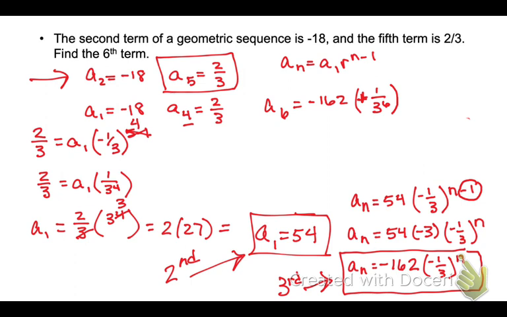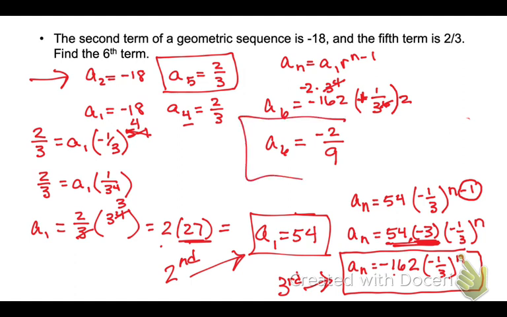I already know 162 is 3 times 54, and 54 is 2 times 27, so that gives me 4 threes and a negative 2. How many 3s can I reduce? 4. So a sub 6 equals negative 2 over 9.